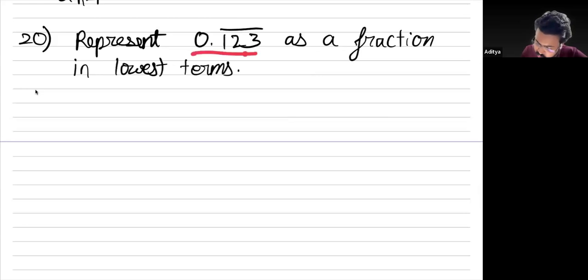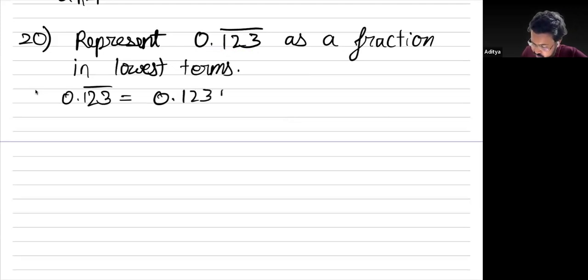So 0.123 bar means 0.123, 123, 123, and so on. It will keep repeating till infinity.